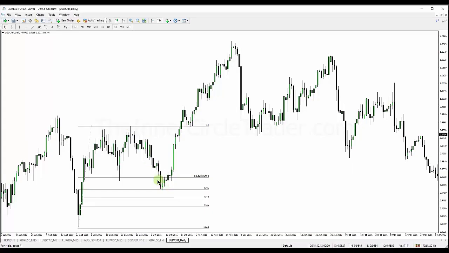Went back down into equilibrium again and went to a discount below 50% of the impulse price swing. That is now at a discount. So the market, from the banking perspective, is at a discount. It is allowed to be bought.